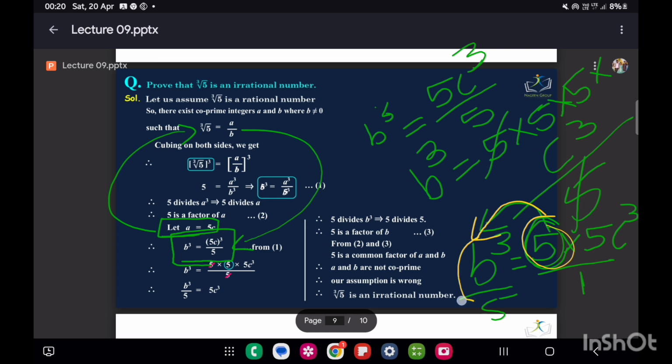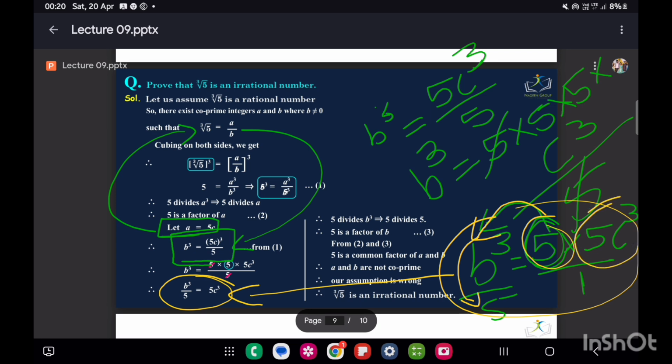So b cube divided by 5 equals 5c cube. Then we can say that b cube is divisible by 5. So 5 divides b cube, then 5 divides b. So 5 is a factor of b.